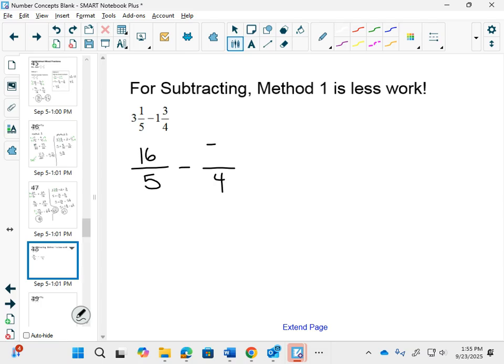16 pieces there, 7 pieces there. Get your common denominator of 20. I'd have to multiply this by 4, and this by 4, this by 5, and this by 5.